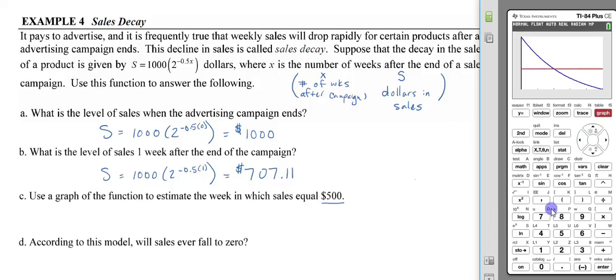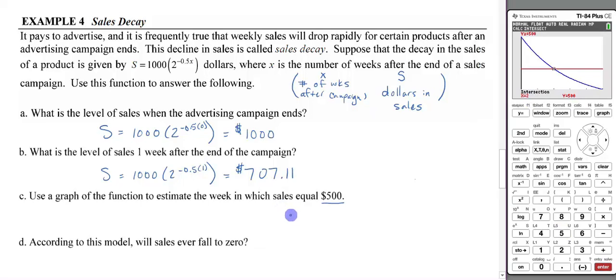And graph. Definitely see the intersection of those graphs. So I'm going to calculate the intersection. And it's at just 2 weeks. The sales are down to $500. So 2 weeks is the time.